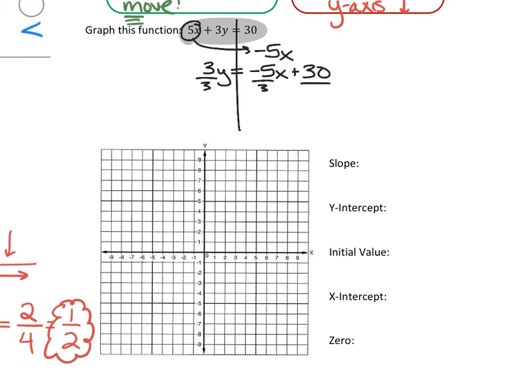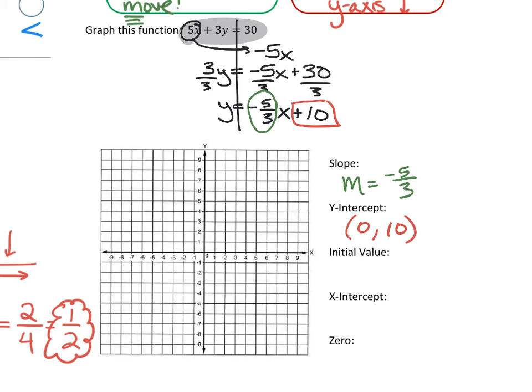Very easily, we just divide by the coefficient of the y, which is 3, and we'd get negative 5/3 x plus 10. Negative 5/3 x plus 10 is great because I automatically know the slope, which is negative 5/3, and I know that y-intercept, which is going to be at the coordinate 0, 10, meaning it has an initial value of 10.